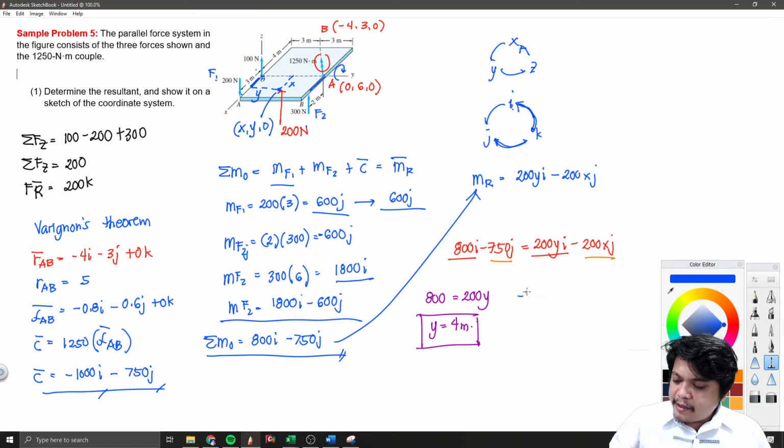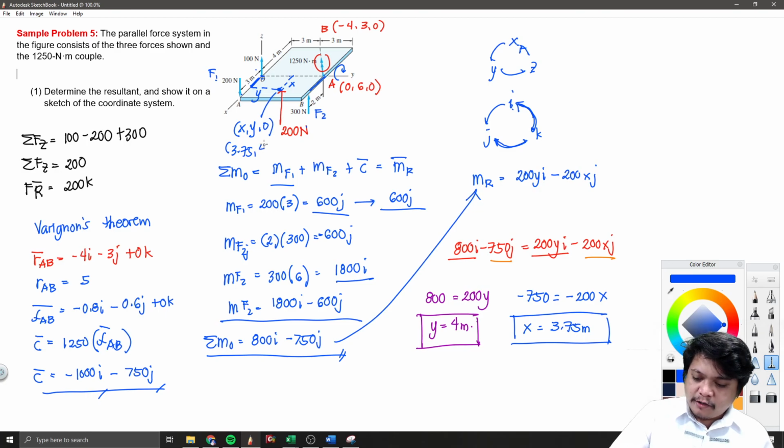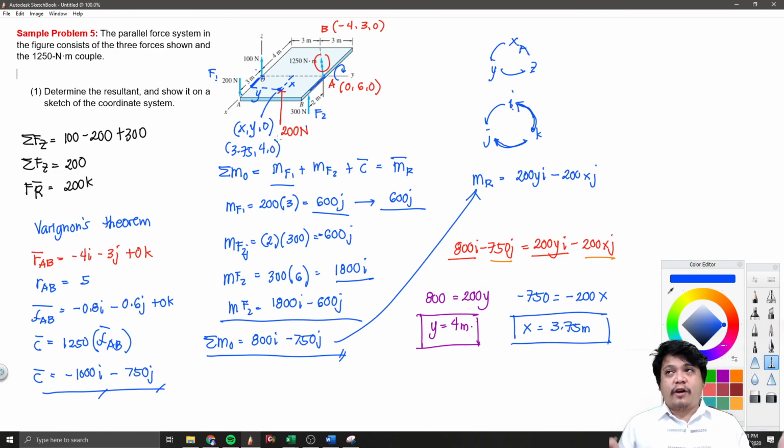Pag-equate ko naman yung negative 750 of j is equals to negative 200x. So, my x equals to 750 divided by 200, and that's equals to positive 3.75 meters. Okay? So, it means yung pinaka-force ko na 200 Newton dito tumatama at coordinates 3.75, 4 meters, and then 0. So, it will cross the plate on that coordinate.